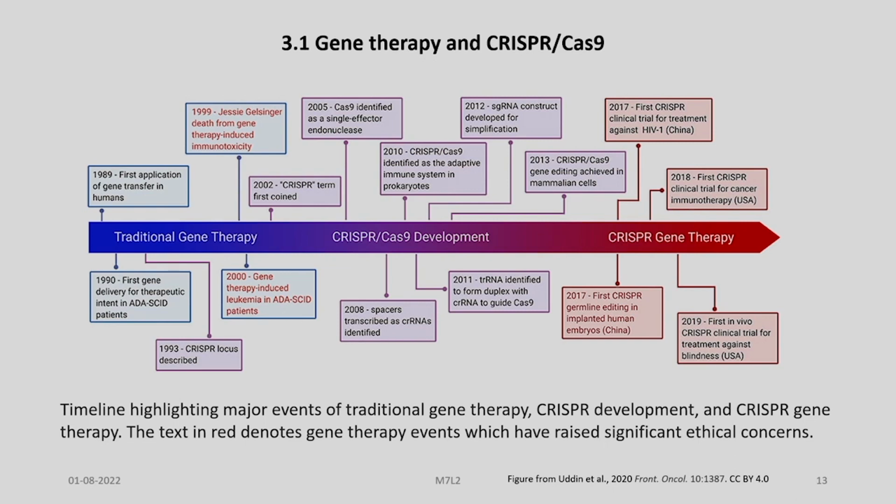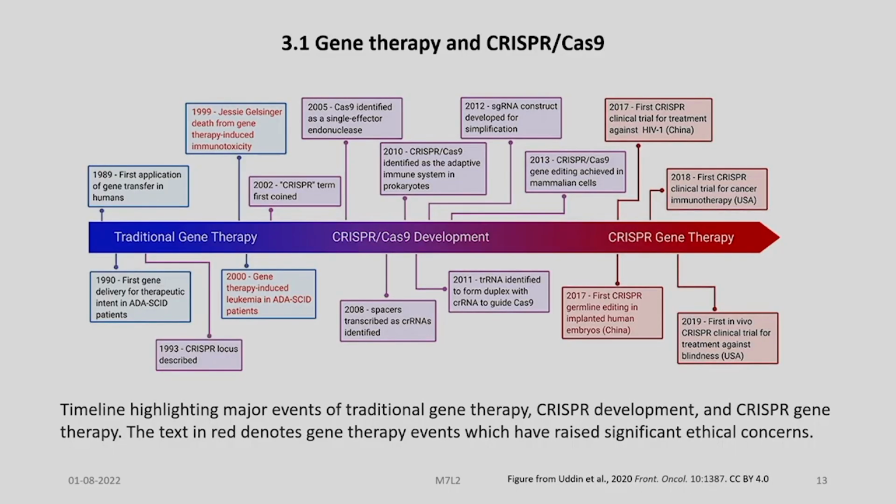By 2002 the term CRISPR was coined, as you all know, and in 2005 Cas9 was identified as a single effector endonuclease. The discovery of spacers transcribed as crRNAs was made in 2008, and in 2010 CRISPR-Cas9 was identified as an adaptive immune system in prokaryotes.